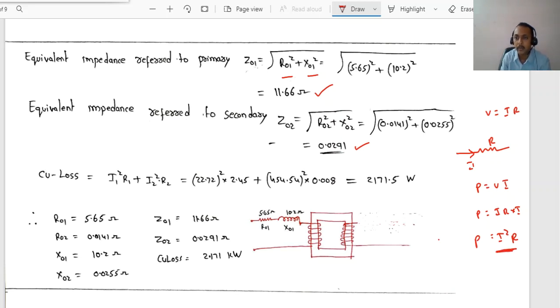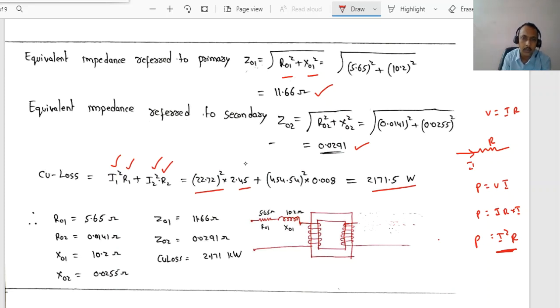In this context, primary side current is I1 square into primary side resistance R1, plus secondary side current I2 square into resistance R2. That is what we have done here. So this is the amount of loss, 2171.5 watt. This is the copper loss.